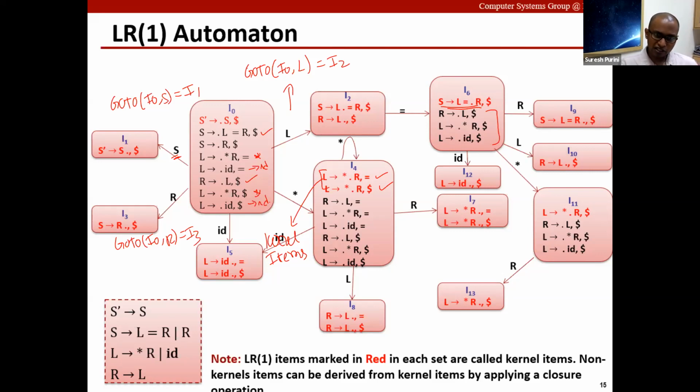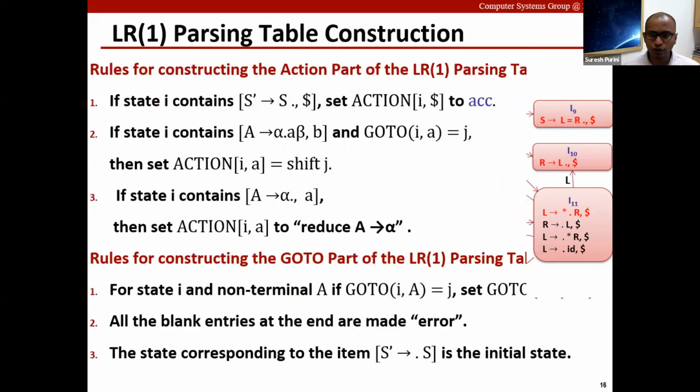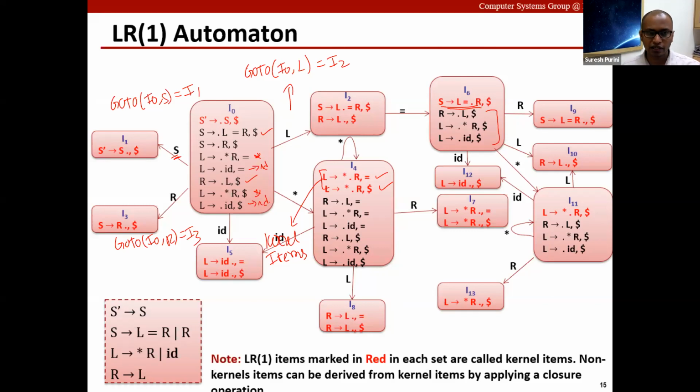Today we got some partial intuition, and in the next class, when we run through an example, you will get much more intuition about this LR1 automaton. So with this, I conclude today's lecture, and if you have any questions, you can ask me. So this is the whole LR1 automaton for the given context-free grammar.